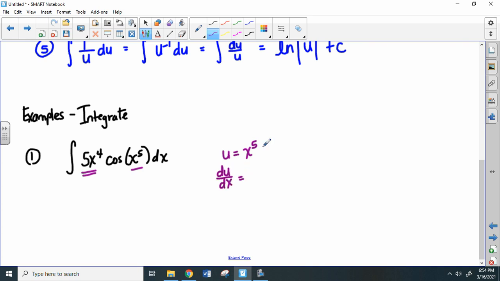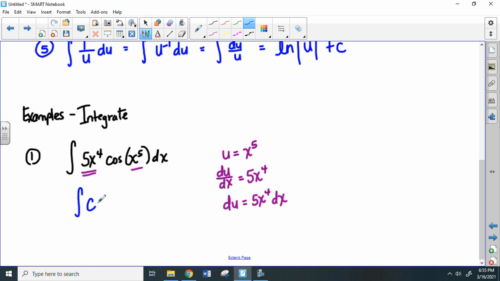And so I'm going to take the derivative with respect to x, which is a power rule, and then technically I'm solving for du. I'm separating the variables. And so du is 5x to the 4th dx. Okay, so now when I replace all of that stuff in the problem, I'm going to come back over here and I'm going to rewrite the problem. 5x to the 4th is part of du.